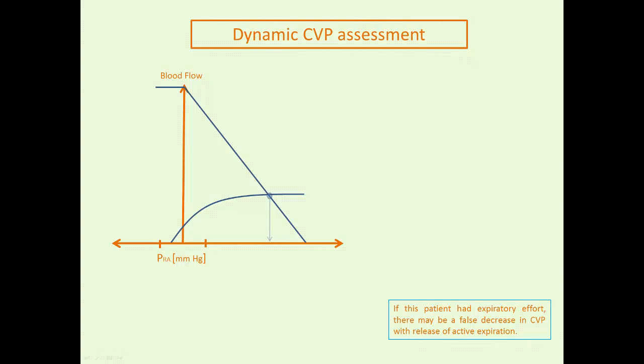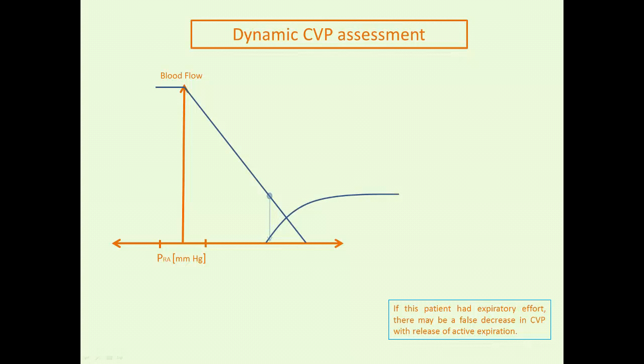Okay? But the caveat to this is you can get a false negative of this effect if there's active expiration. Again, we talked about this earlier about measuring static CVP, that the patient cannot have active expiratory efforts, which raise intrathoracic pressure.